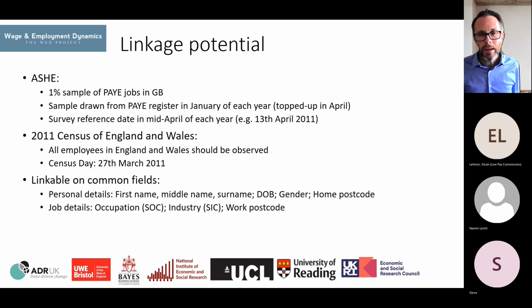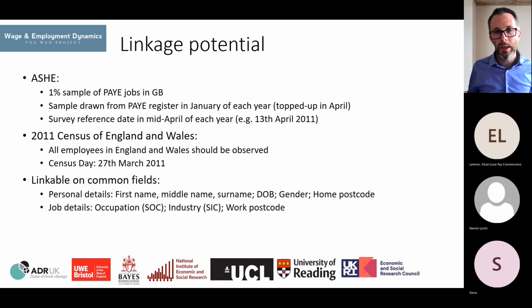And ONS have access to various disclosive information about the people who complete ASHE and the people who completed the census. Although these data aren't made publicly available, ONS know the first name, the middle name, and the surname of the individuals in ASHE and in the census. They know their date of birth, gender, and home postcode.